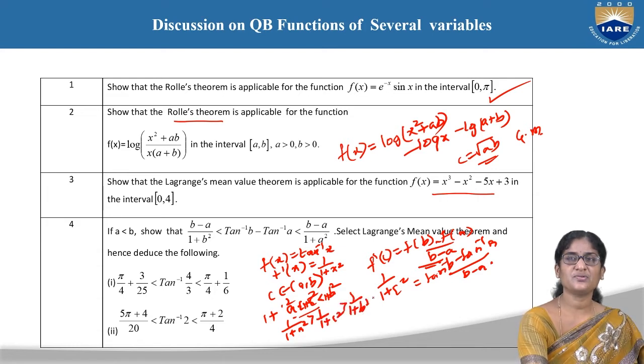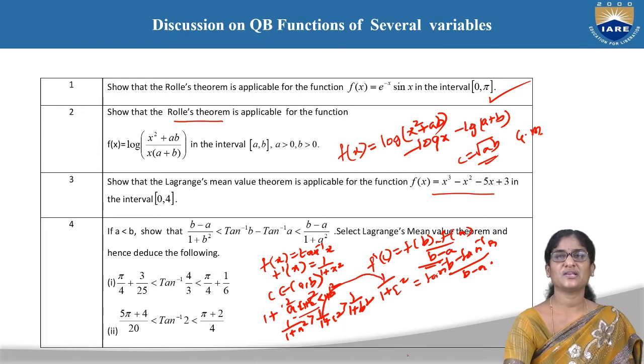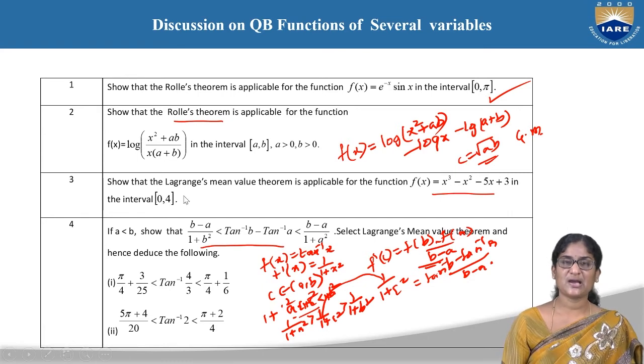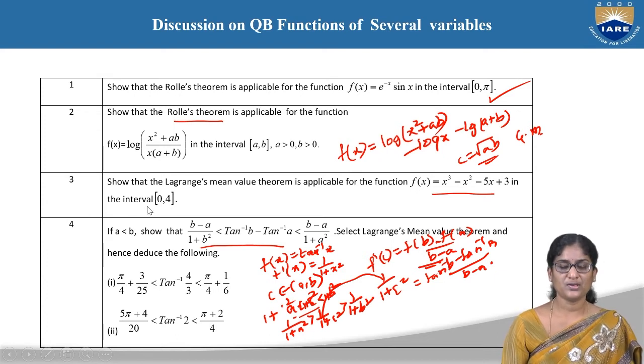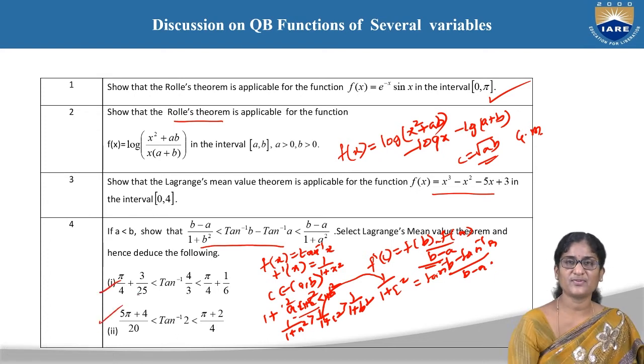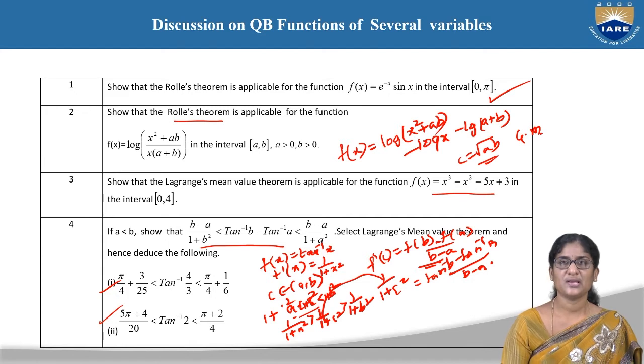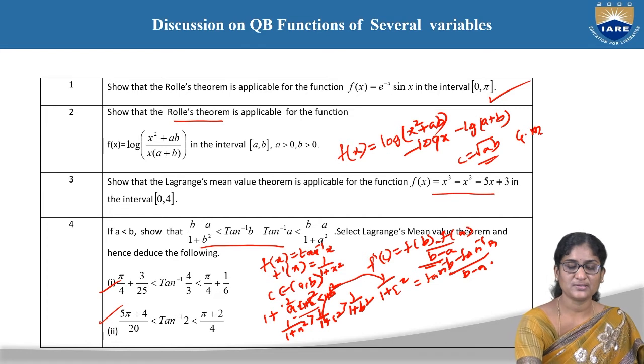Now we have to substitute this value here. Then you are going to get the inequality, which can be proved very easily. Next, after getting the inequality, for the deduction we have to assume the values of b and a, like 0, pi by 4, pi by 2, or 1, 0, and substitute.